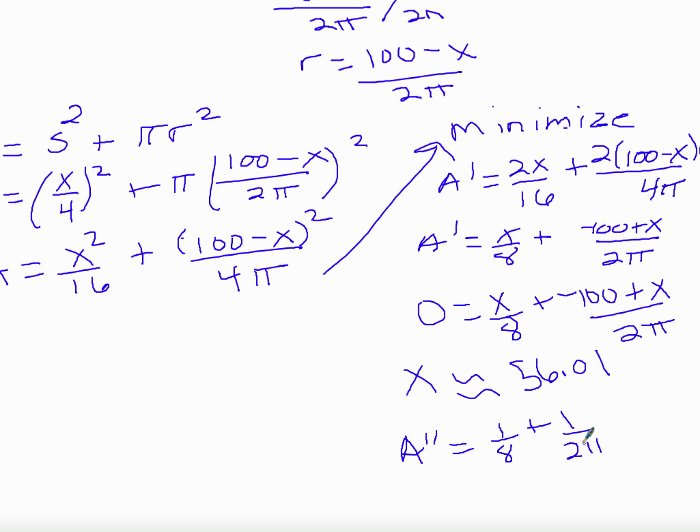It does not matter what x value, the whole thing is going to be positive. So this is concave up. Since it's all positive, and concave up looks like this, that is a minimum. So we definitely have a min.